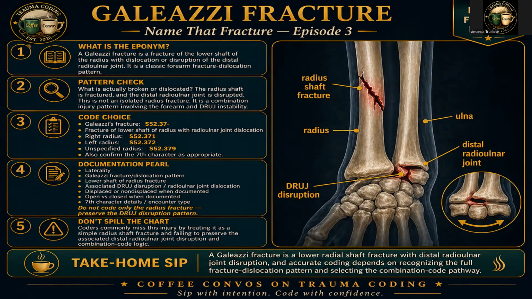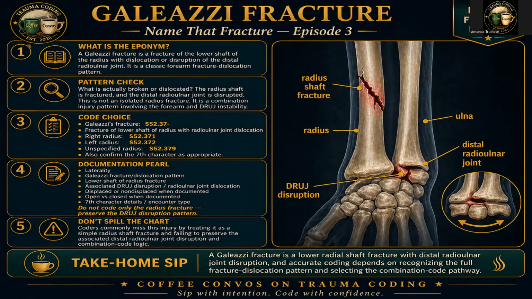So you could have this Galeazzi fracture, and because of where it's at anatomically, you should look and see, do you have any associated additional common injuries, such as that ulnar styloid or wrist findings? And if they're present, you want to make sure that you assign those.